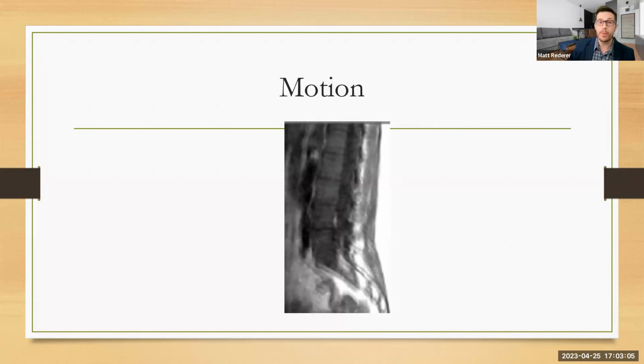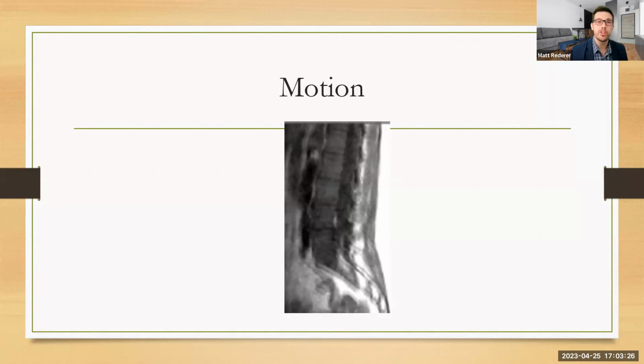Our bowel's constantly moving, so if we image something around the bowel, there could be distortions from that peristaltic motion. It could be a vessel flow artifact. As blood is pumping through a vessel, we get movement of that vessel. So yes, there's a lot of causes for the motion.